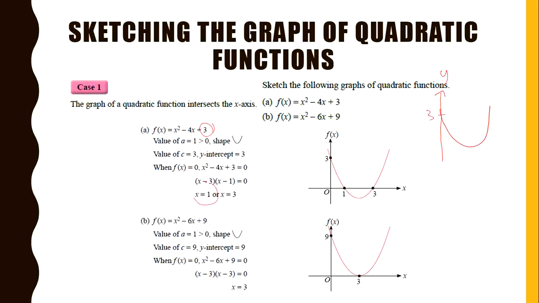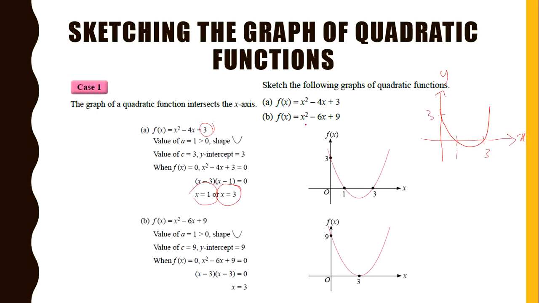The first root is x equals 1 and the second root is x equals 3. We know the roots are the values where the graph of the quadratic function crosses the x-axis. So the graph passes through x equals 1 and x equals 3. We can draw our x-axis here. Here is 1, here is 3. So that's done for A, and we have the graph for A.